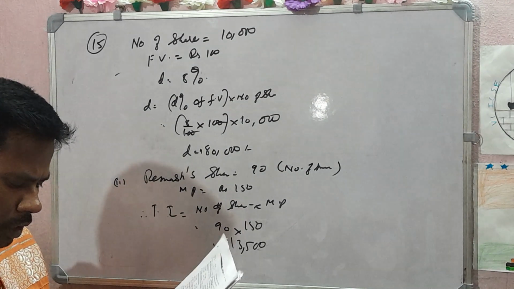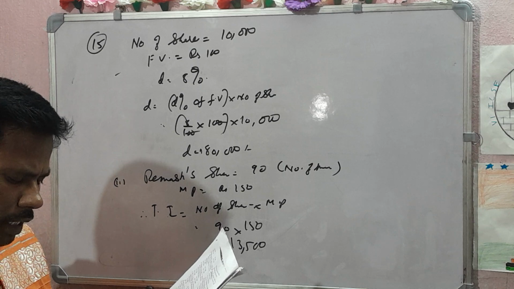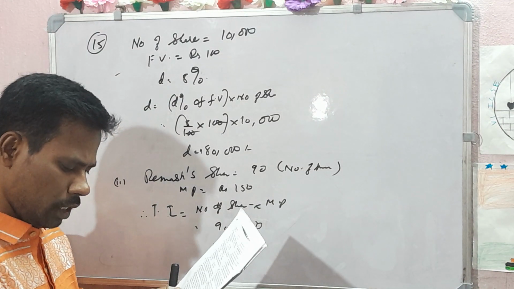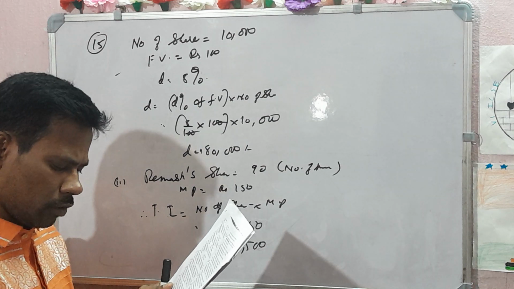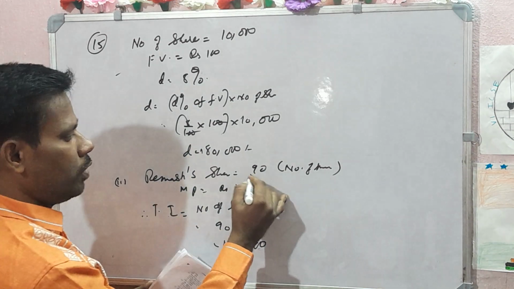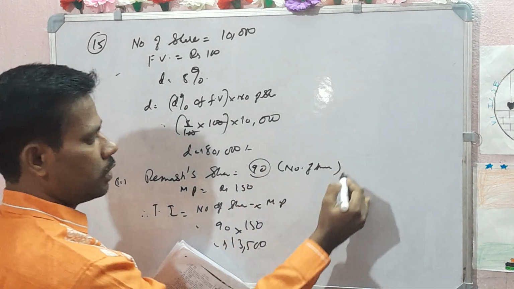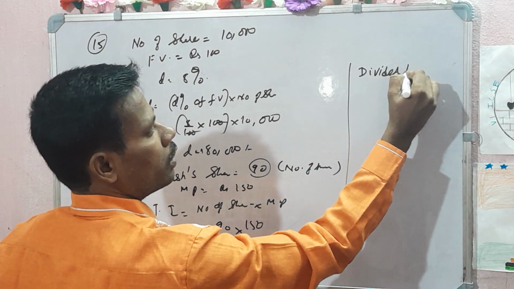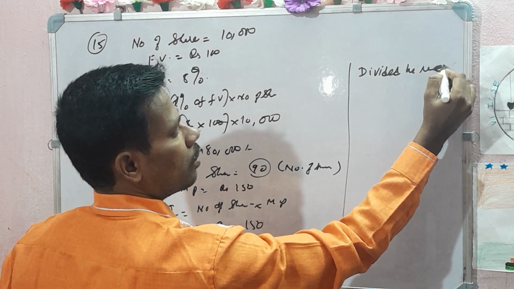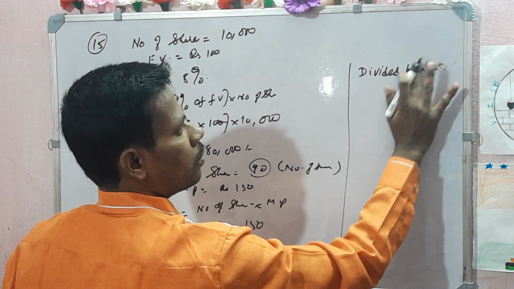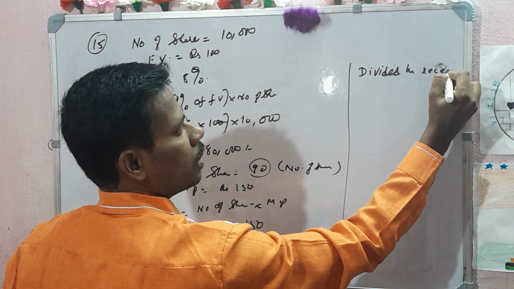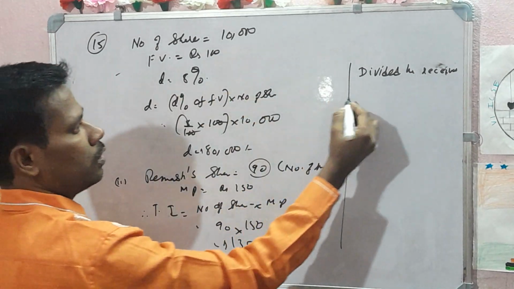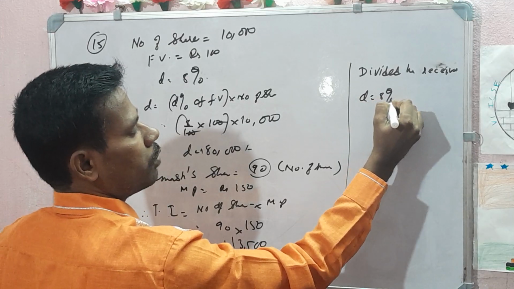Next, calculate the dividend he received. So his total investment is this one. Dividend, how many shares are there? 90, right? Dividend he receives, what? 8%. Dividend is equal to 8% per share.